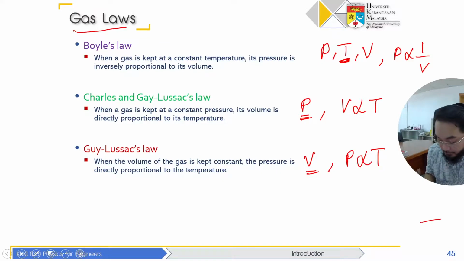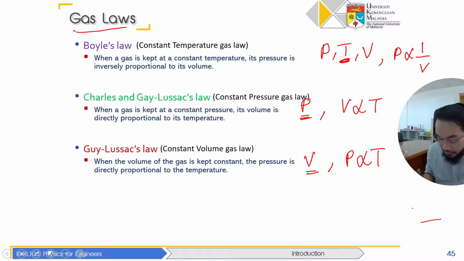So it might be difficult to remember the names, but another way to describe these laws are, firstly, constant temperature gas law, constant pressure law, and constant volume law.